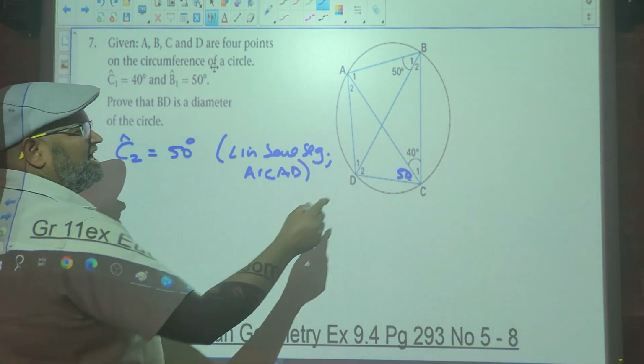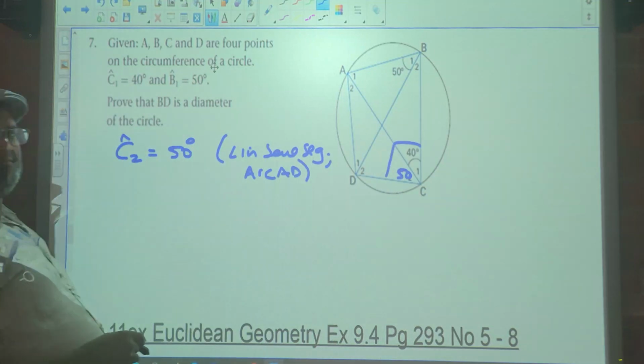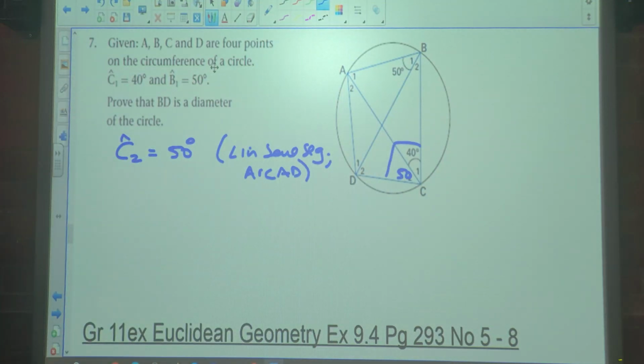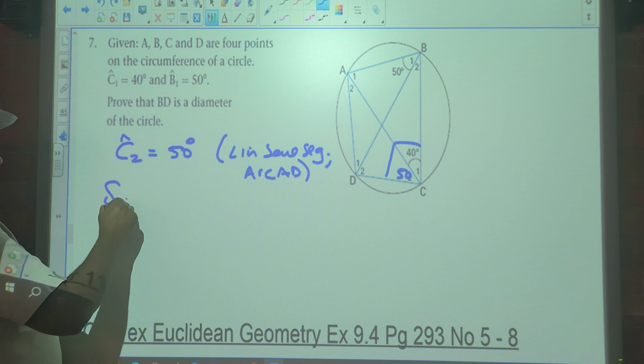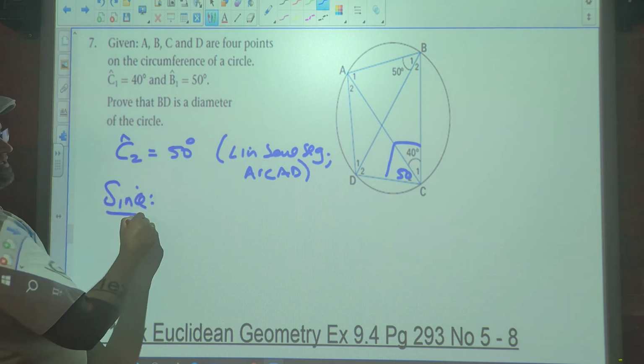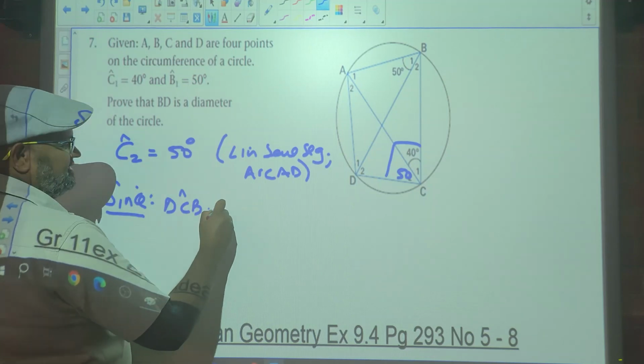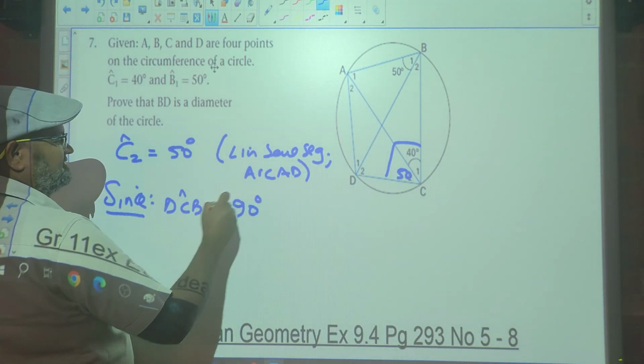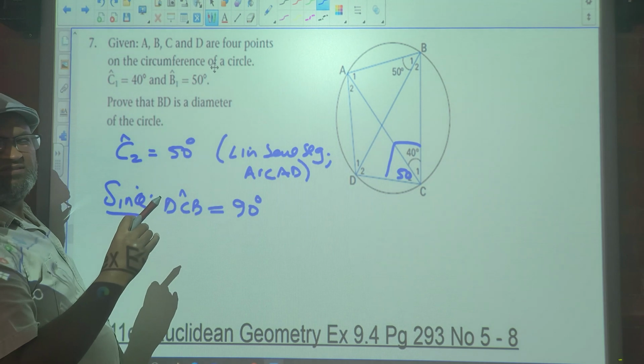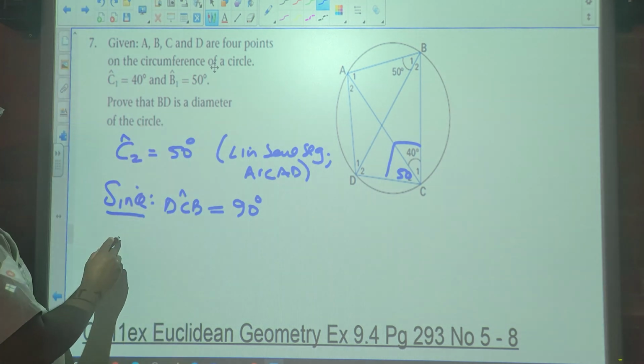So what do we notice? This is now 90. So we state the obvious. We say since DCB, or C1 plus C2, is equal to 90 degrees. We're stating the obvious, no? Now we answer the question.